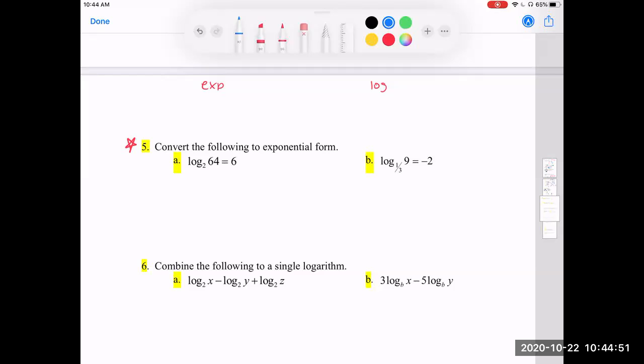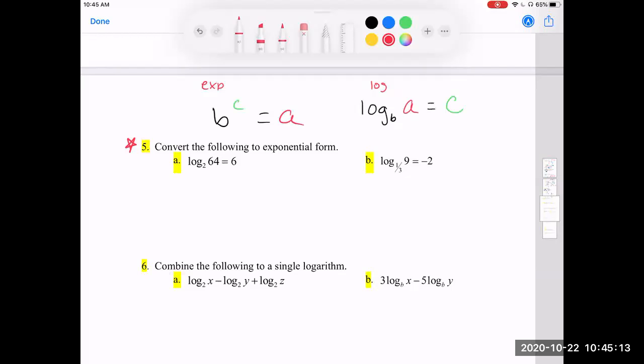So if I have log base b of a is equal to c, it's the same thing as b raised to the c power equals a.